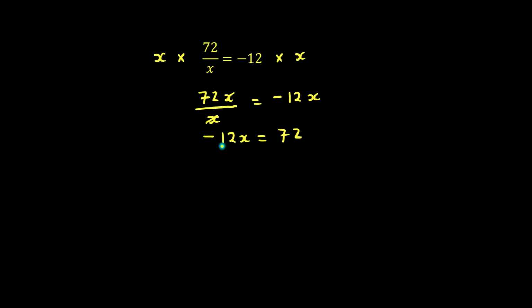So once again, I divide both sides by the coefficient in front of the x, which is minus 12. Negative 12 divided by negative 12 will simply give me x. 72 divided by minus 12 will give me a negative 6. So a positive divided by a negative gives you a negative answer. And this would be my final answer.